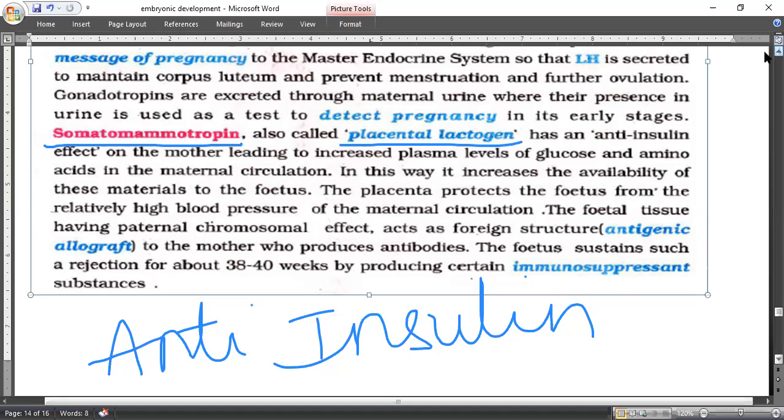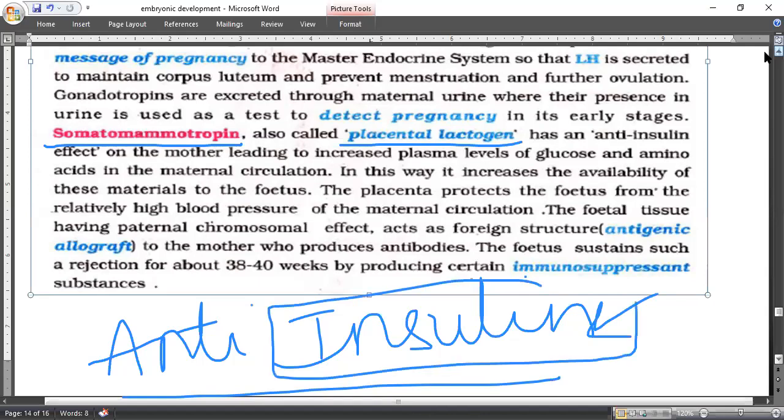That means it suppresses the activity of the mother's insulin. Why? Because the baby needs more nutrients. That means blood glucose levels in the mother should be high. When they are high, insulin will reduce them, isn't it? So that's why there is another hormone, somatomamotropin, also called placental lactogen, which has an anti-insulin effect on the mother.